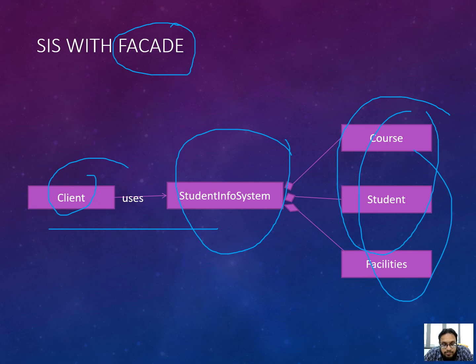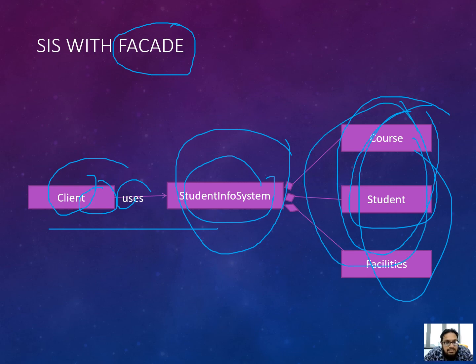When the middleware comes in, it becomes the intermediate. Therefore, the client uses the interface or the system that interacts with these classes. So the client doesn't know what happens at the back, but the intermediate layer helps the client by processing the client's request through these three classes.